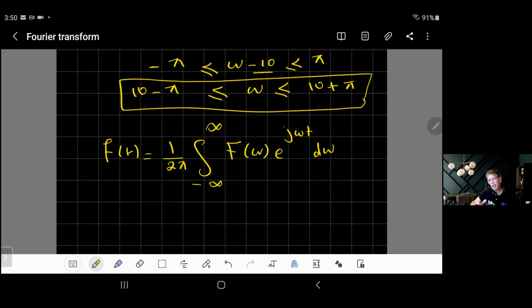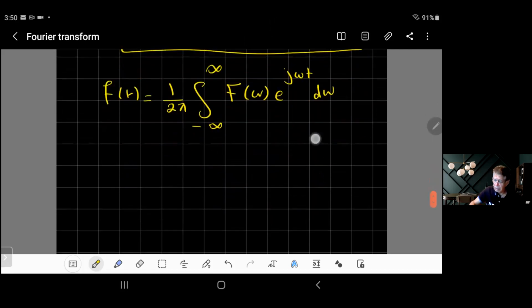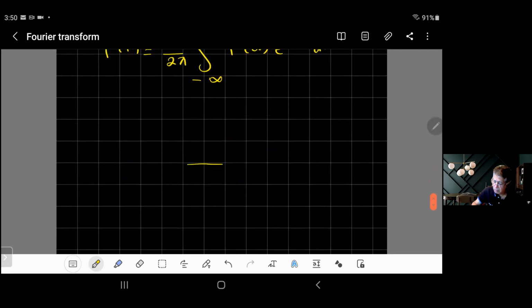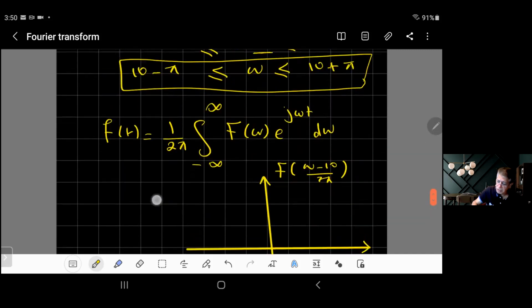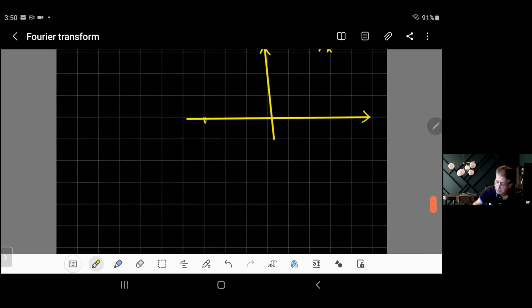The function in our hand now doesn't start from minus half to positive half as we just did. So if you wish to sketch it, this is the rectangular function of omega minus 10 over 2 pi. That's our original function, and we found the limit from 10 minus pi to 10 plus pi.